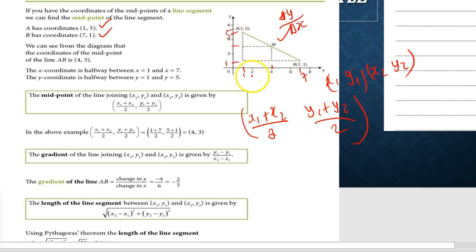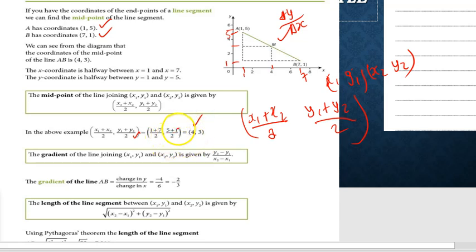So if we look at the graph and try to solve, we take 1 plus 7 as our x values. 1 plus 7 divided by 2, that is 8 divided by 2 gives you 4.